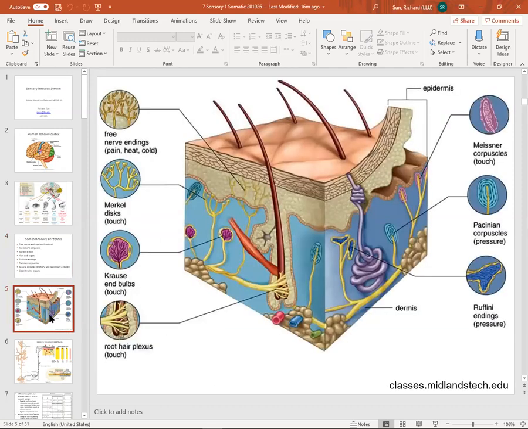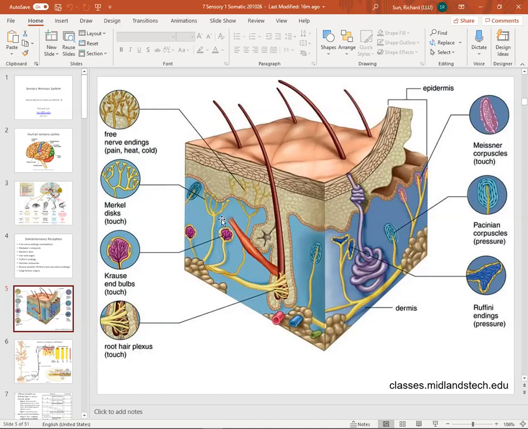This is just to give you an idea of what they look like and where they are located. From the top, we see this free nerve ending. Then we can see these Meissner's, right? A little bit lower than the free nerve ending. Here it doesn't say the Merkel right here, so it's very much the same level.